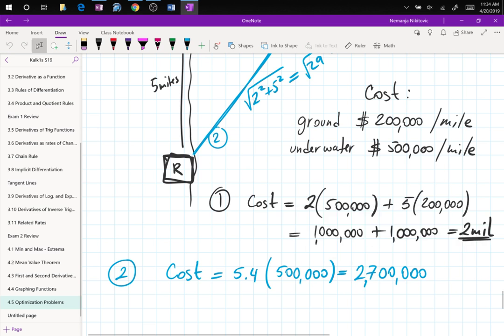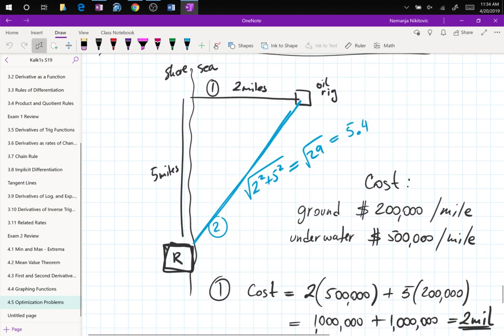Now we would like to optimize to find the optimal route so that the cost is minimum. And this is where you come in with your skills. You're sitting at a meeting, you're looking at these two calculations, and you're laughing because you know calc, and you say, well, we're going to go on the ground for some time, and then we're going to cut through water.